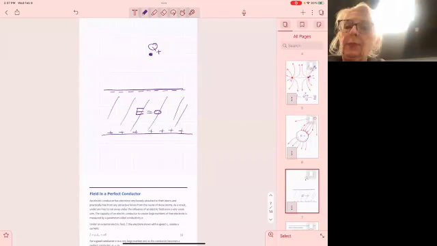So these are the things we are going to start thinking about. This is very important for shielding.